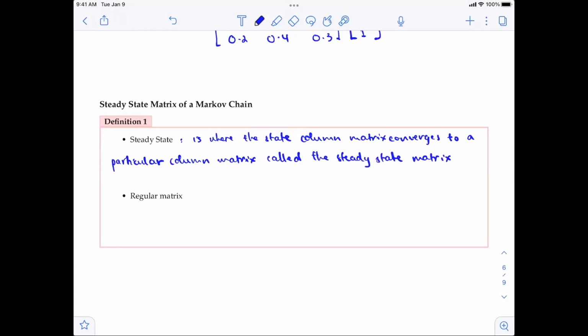And the naming depends on the book, but for this textbook that we are following, we denote the steady state matrix using the notation x bar, like this, again, to indicate the steady state matrix.